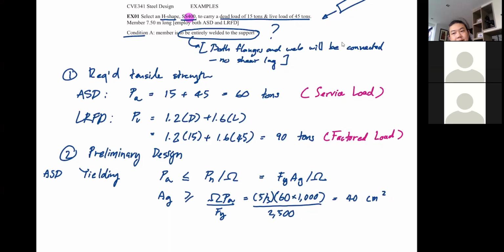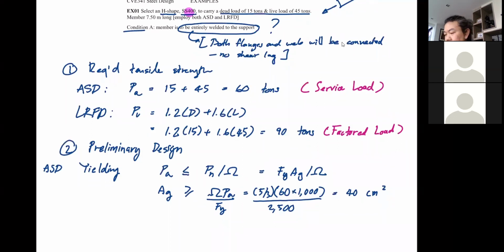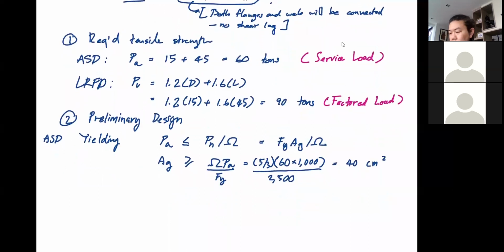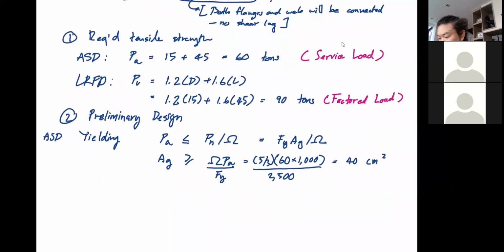Now, because of the special condition that we have here, the member is going to be entirely welded to the support. So we can assume that there'll be no holes in it at all. So if I wish to, I can go ahead and check the rupture. Because in this case, no holes means the net area will be equal to the gross area.